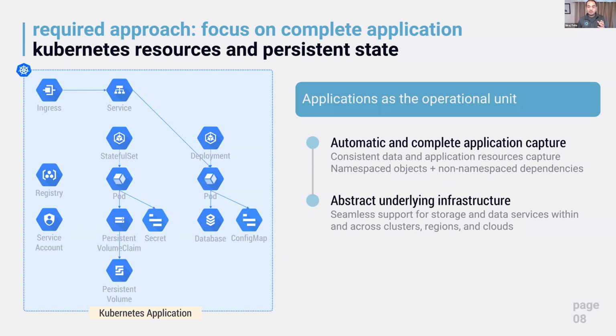There are people that will perform cluster upgrades by moving the applications across. So when you look at it from that perspective, we need to make sure that any data protection product we deploy, any backup product we deploy, gives you that portability that Kubernetes is known for, whether it be across clusters, regions, even cloud providers.